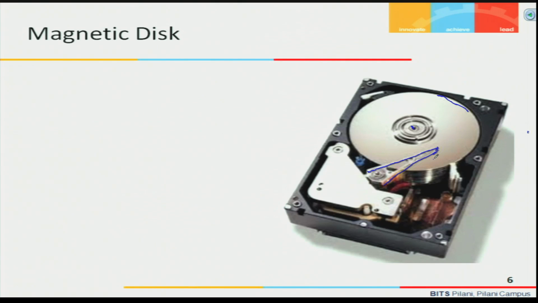This is mechanical, meaning the head can move and record the information, or read recorded information. And this is the other external associated circuitry which is required to rotate the disk as well as record the required information.